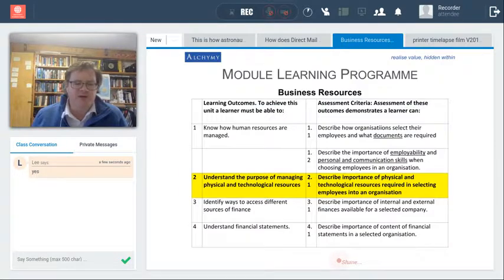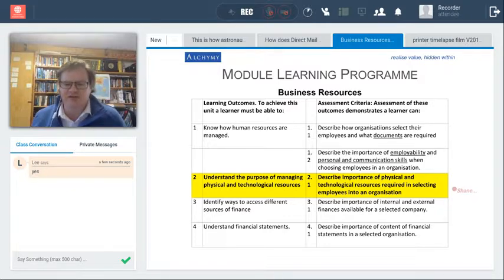All right, let's just recap on where we're at. This is the Business Resources module. Our focus today is understanding the purpose of managing physical and technological resources. That's a sort of learning outcome. Our assessment criteria have a typo there, so let me draw a line through this aspect.